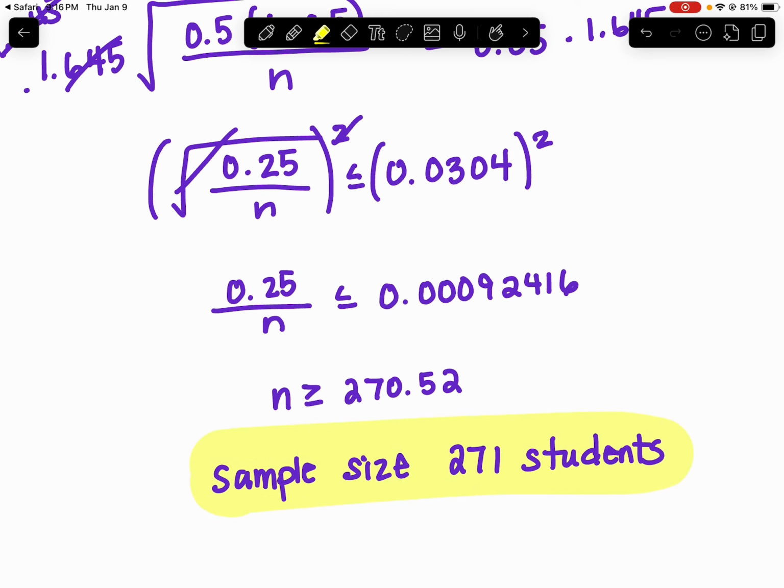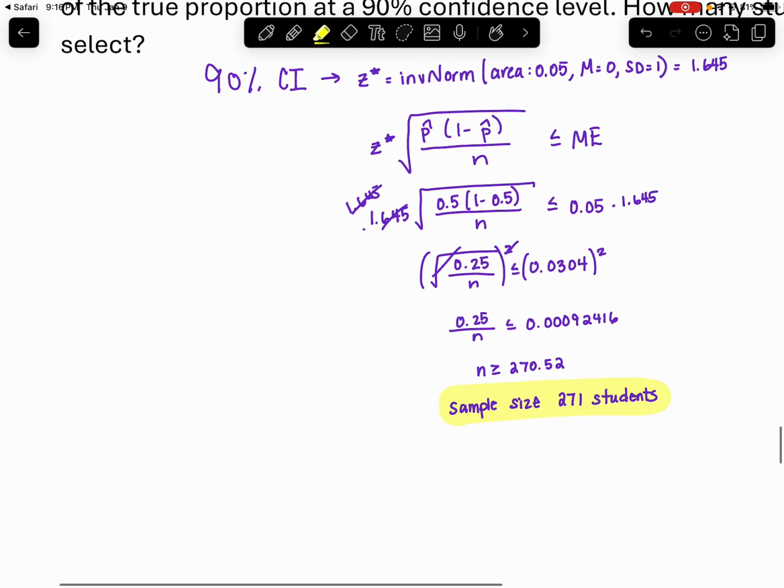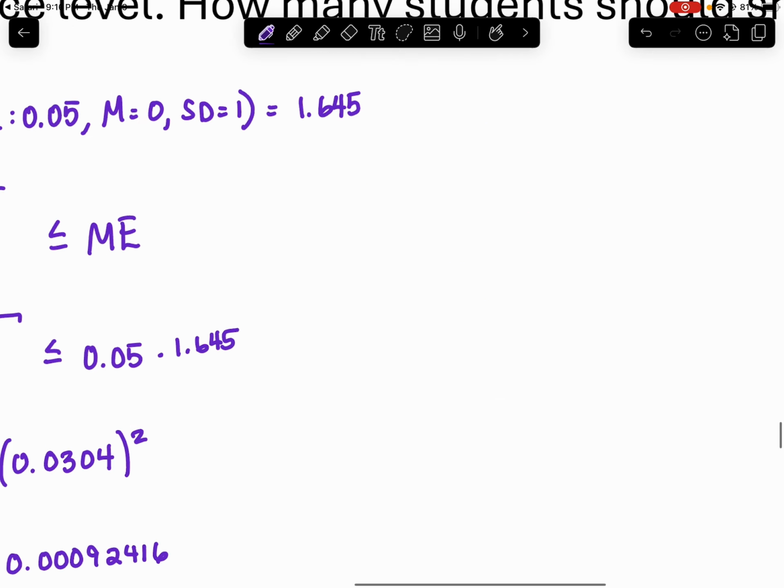Okay. Now, a couple little things just to tell you. We used this value for our z-score. If you were to round this slightly, you're going to get different values for your sample size. So if we used a z-star score of 1.64, your n value would be approximately 269 students.